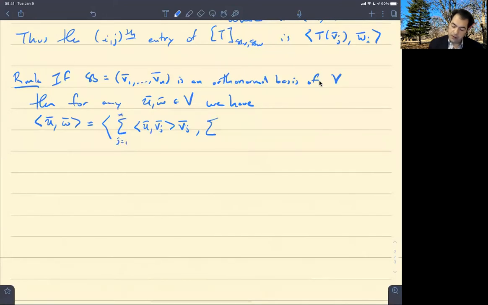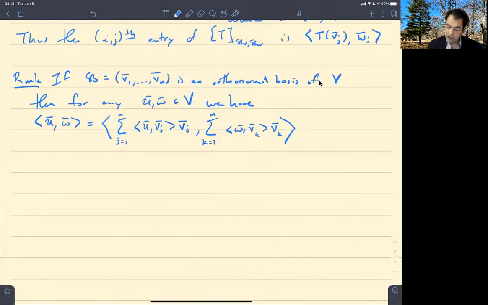And similarly, w, I can write as a linear combination of the vj's, but I already know the coefficients. So let me use a separate letter just to avoid confusion. So here I'm summing using k, and over here I'm summing using j.